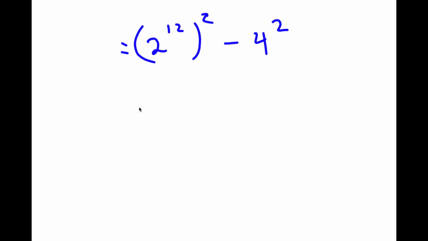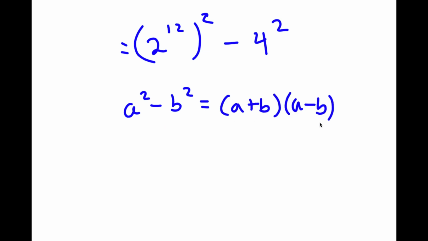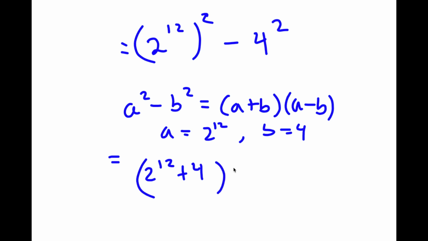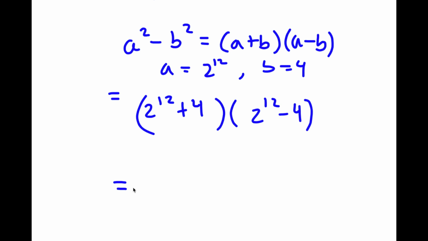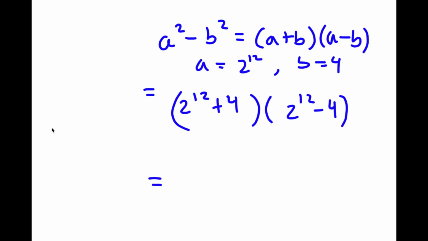Now, if I have something in form a squared minus b squared, this is equal to a plus b times a minus b. So in this case, a is 2 to the power of 12, and b is 4. So I have 2 to the power of 12 plus 4 times 2 to the power of 12 minus 4. 2 to the power of 12, well, 2 to the power of 10, this is 1024.